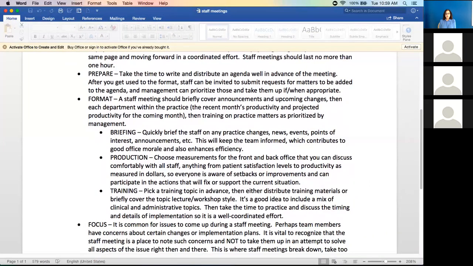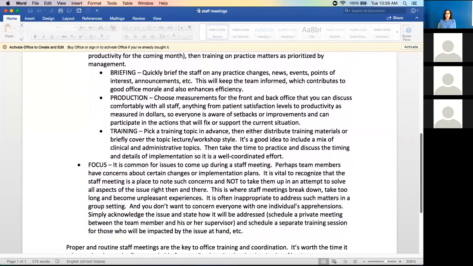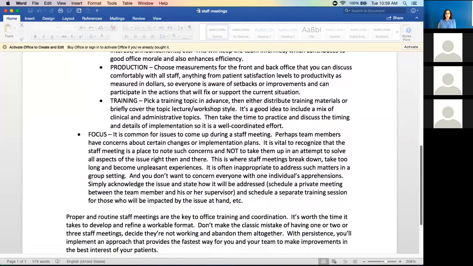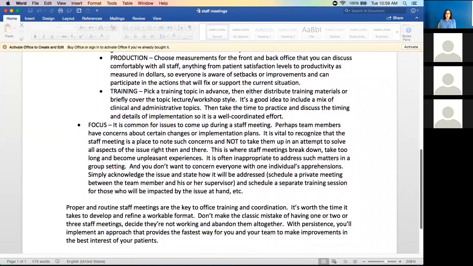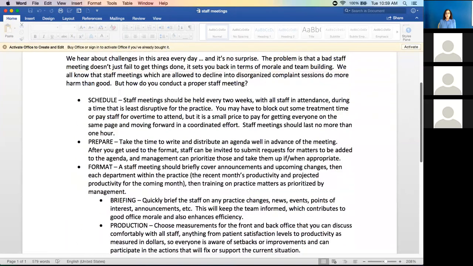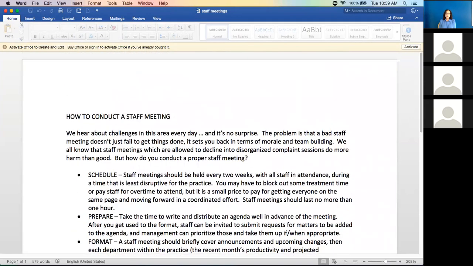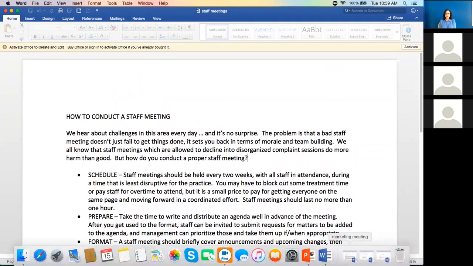It also gives you a little bit of information down here at the bottom on what to do if things were to get out of control and how to get things back on track. And the focus and the intention having to do with this is obviously the frequency and the long-term benefit of what a staff meeting can do for you.